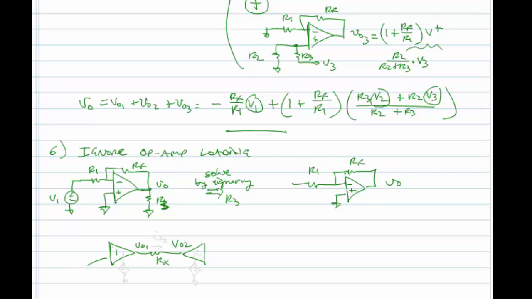So you can find VO1 by itself, and you find VO2 by itself, because those ultimately are just voltage sources. And then maybe the question is, what's the current IRX, the current flowing through this resistor? Well, you'd find VO1 first, VO2, and then calculate the current.